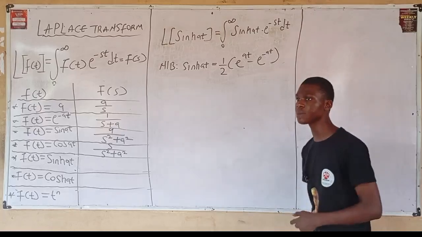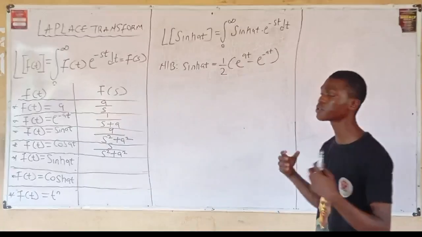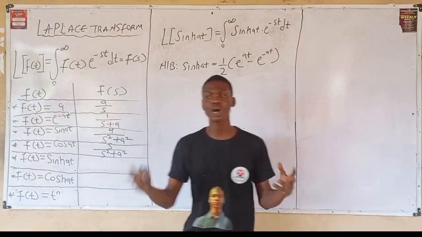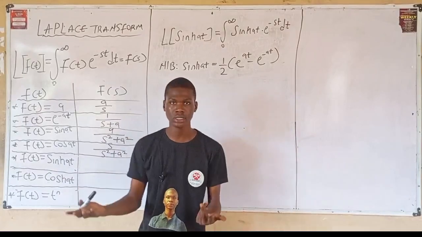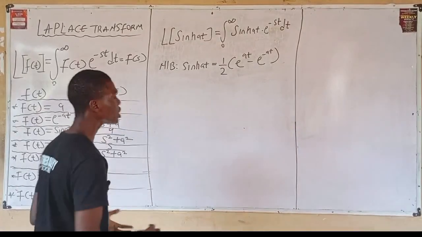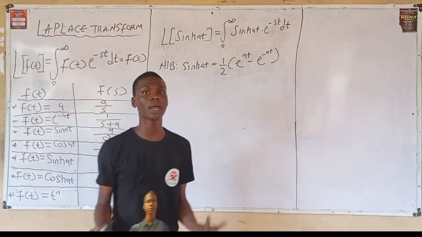Now, we've seen the concept that when solving some integral function in Laplace transform, it is easier when we do some manipulation, expressing the trigonometric function as an exponential function so as to perform indices, then integrate. So that's what we are also doing here. I'm having sin at. The question now is, can I solve this integral using integration by parts?